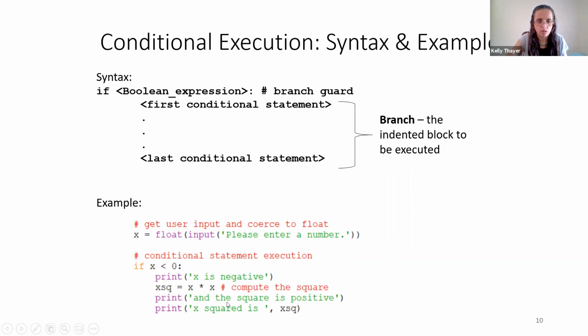Then we're going to print "and the square is positive, x squared is," and then it will tell the answer. So you understand that this will only execute if this condition is in fact true, that a negative number was entered. If a positive number is entered, or if 0 is entered, then this will evaluate to false, and the branch will not execute. So none of those things will happen.